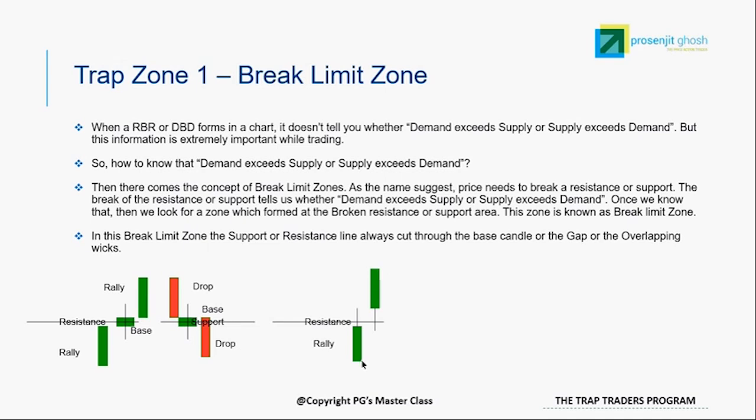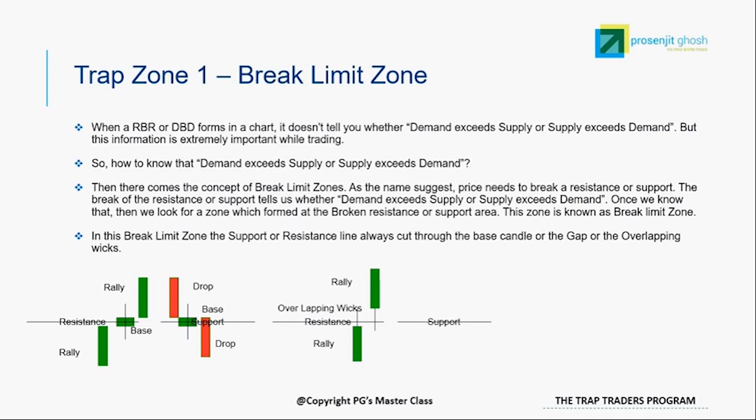So in this case what I am looking for is two momentum candles with overlapping wicks, and the resistance line here should cut through the overlapping wicks and not through the moving candle body. Mind it, it should not cut through the moving candle body, rather it should cut through the overlapping wicks or between the gap. So this is my overlapping wick zone, or break limit zone.